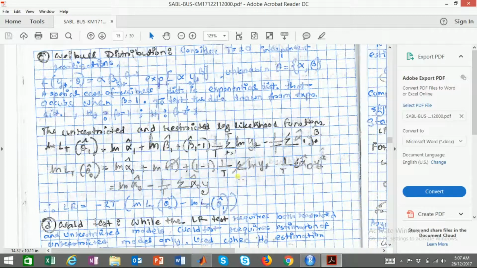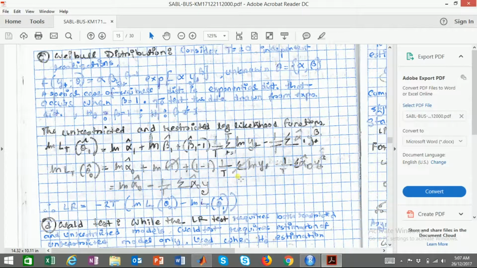A special case of the Weibull distribution is the exponential distribution, which occurs when beta equals 1. To test whether the data are drawn from an exponential distribution, suppose the null is beta equals 1 and the alternative is beta not equal to 1. So if beta equals 1, the Weibull turns into the exponential distribution. We are testing the hypothesis of whether our distribution is exponential or not.